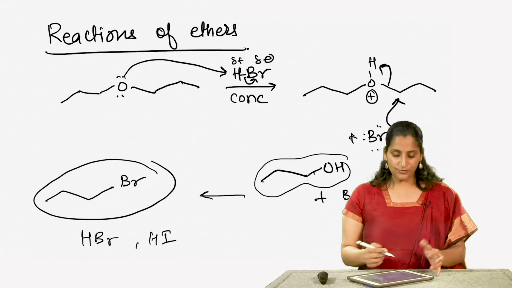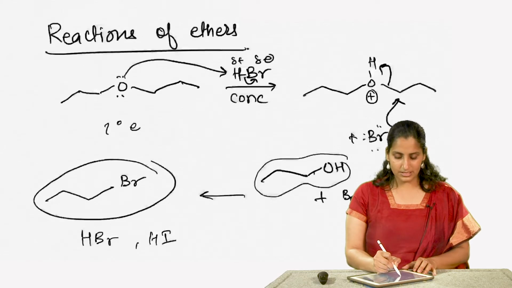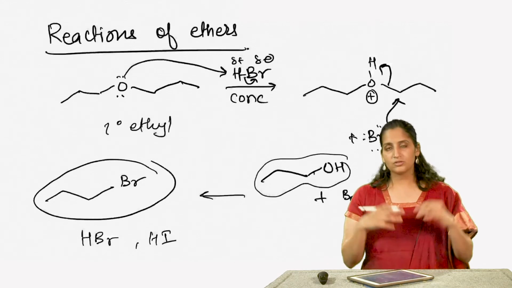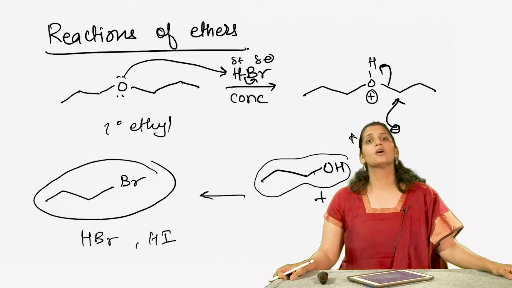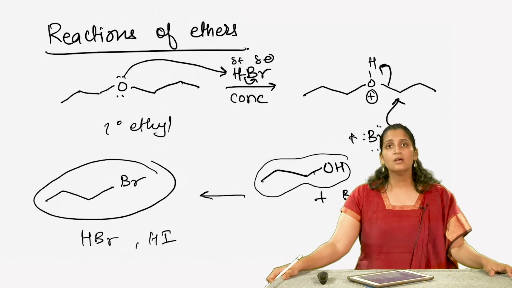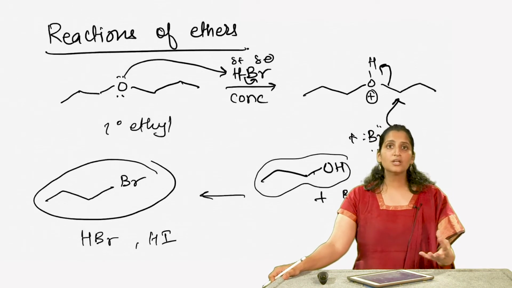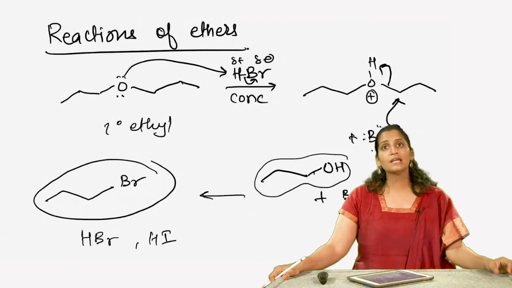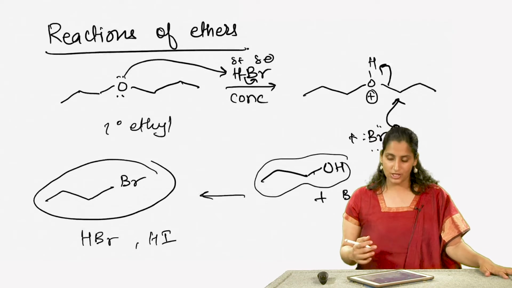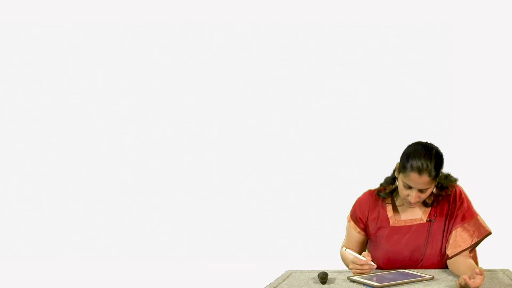Now, this was for a primary ether, in the sense that both the carbons attached to the oxygen were primary carbons. But if we look at a tertiary or an allylic or a benzylic ether, then the reaction mechanism changes. So, what we can now do is a reaction.